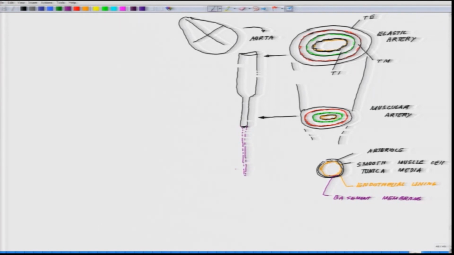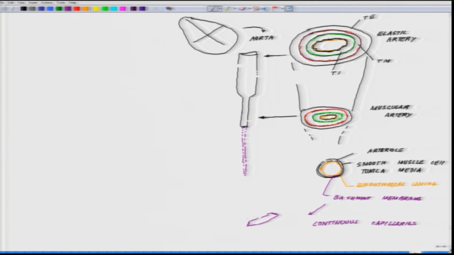Okay. Now, arterioles become even further narrowing down to something called continuous capillaries. These continuous capillaries are much narrower.